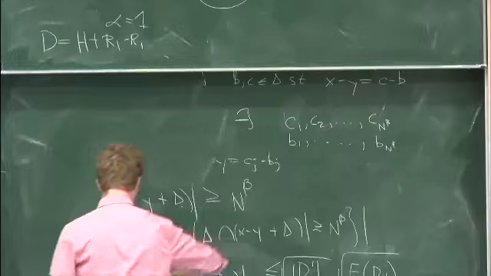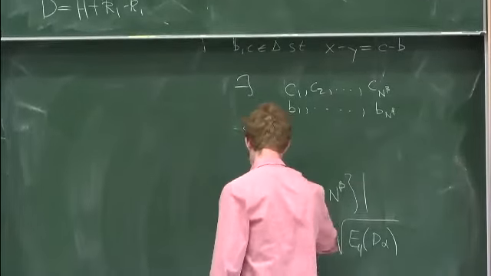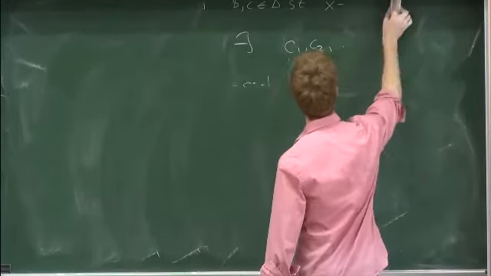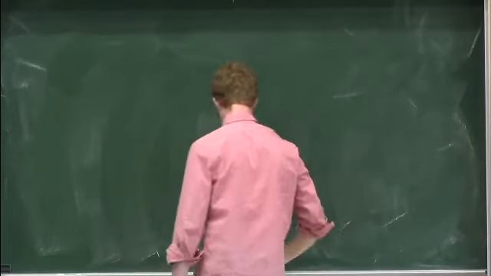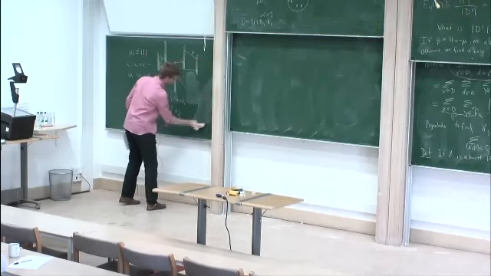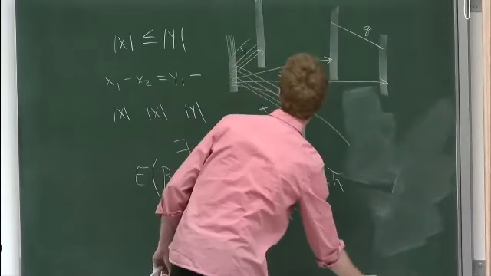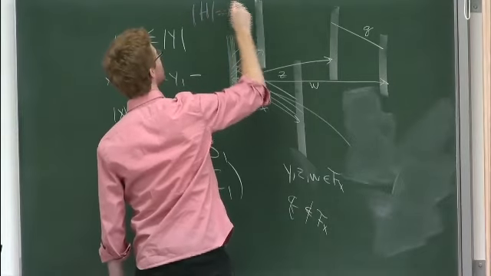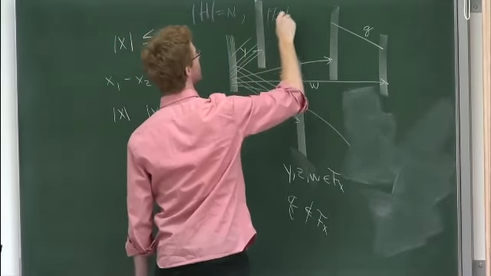So some of you may be noticing that a random set of size n plus a random set of size n looks an awful lot like a random set of size n squared. So here we should be thinking this is H having size n, and then a random set having size n squared.